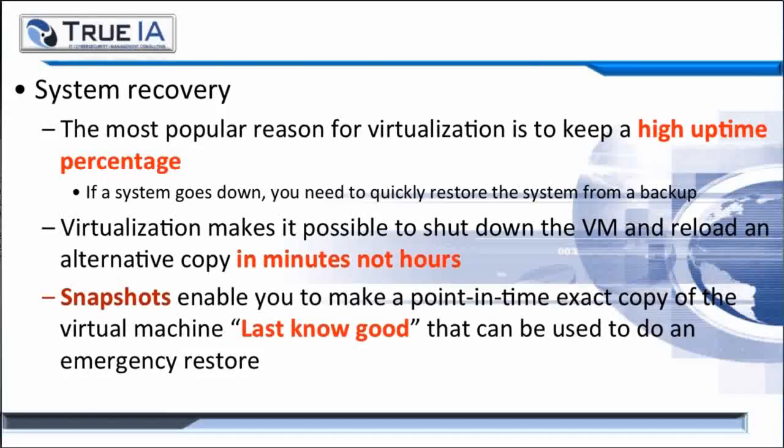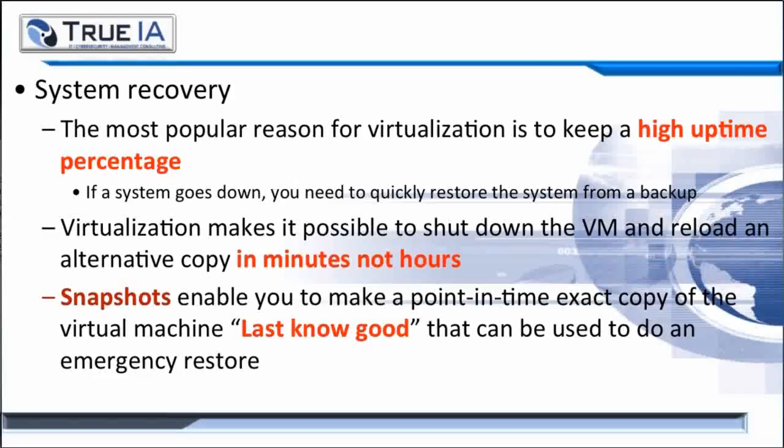When it comes to system recovery, which is, again, one of the most popular reasons for virtualization, virtualization allows us to maintain an extremely high uptime. It makes it possible for a system to shut down, reload into an alternative copy in minutes, where it used to take us hours. We do this by taking snapshots along the way.